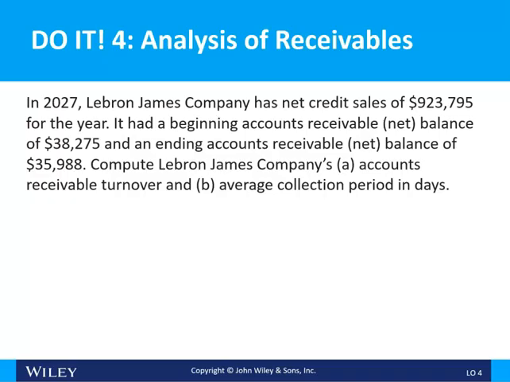So in 2027, LeBron James Company has net credit sales of $920,795 for the year. Beginning accounts receivable net of $38,275, ending accounts receivable net of $35,988. So we need to compute LeBron James Company's accounts receivable turnover and average collection period in days.